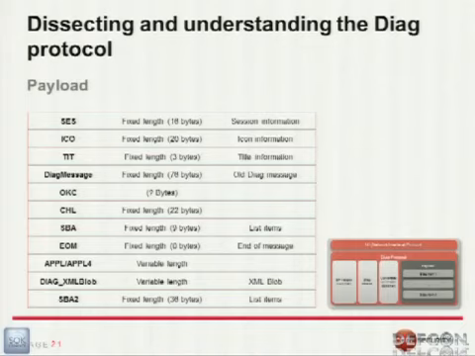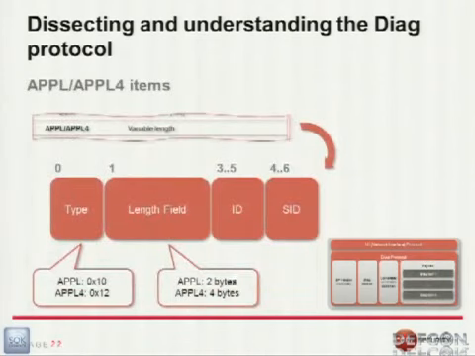Some of them carry information about the screen, about the connection, XML streams, etc. And we will be focusing on one of these items, which is the APPL or APPL4 item, which carries the most relevant information.